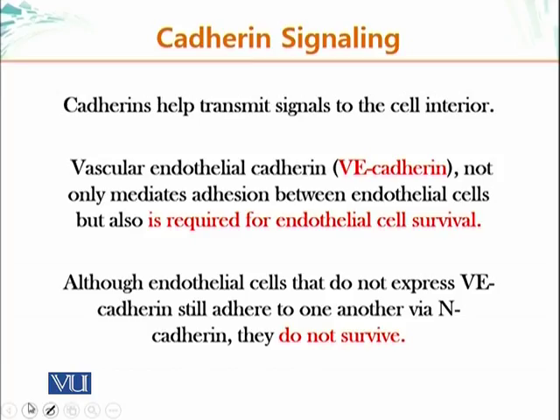Cadherins not only help cells stick with each other, they also transmit signals into the cellular interior. For example, vascular endothelial cadherin or VE cadherin not only mediates adhesion between endothelial cells, but is also required for endothelial survival.